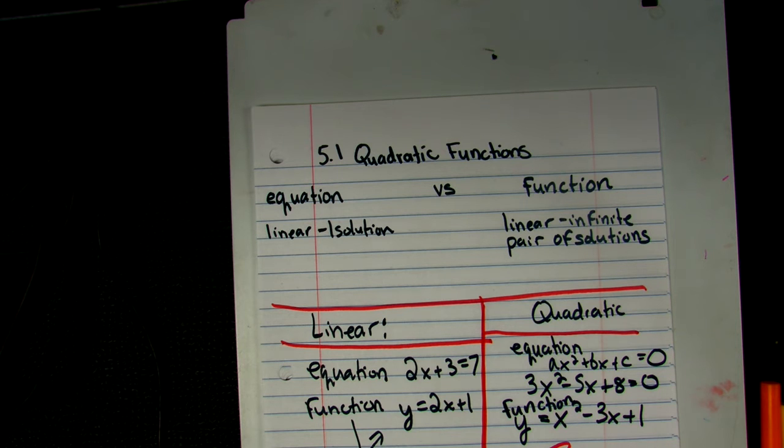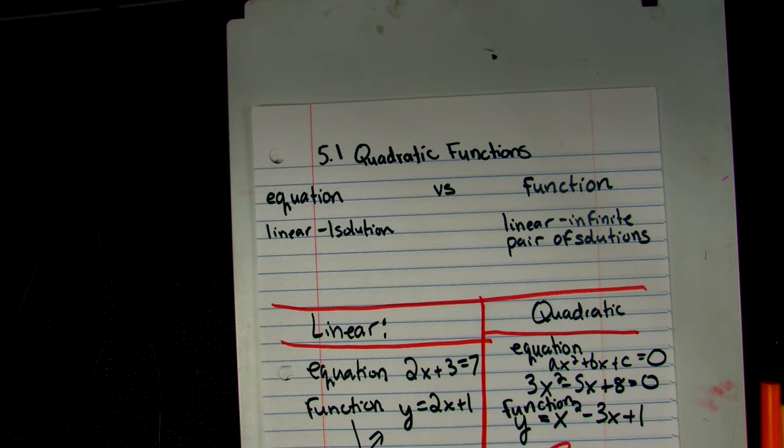So when we were talking about linear, a linear equation had one solution versus a linear function that had an infinite number of pairs of solutions that formed a line. Because when you had a linear function, you had two variables, so you could plug in an infinite number of x's to get an infinite number of y's, which gave you an infinite number of points that became a line.